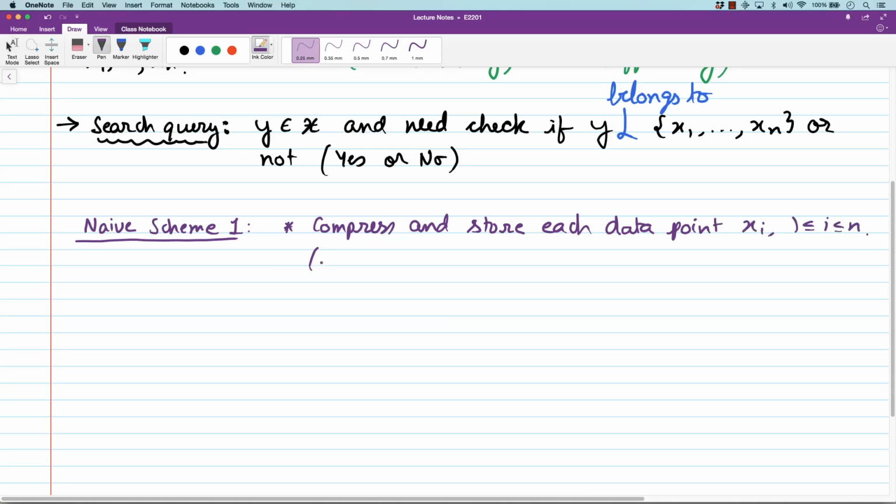So this compress is just using binary representation, so this requires n log cardinality of X bits. Okay. There is no probability assumed on this. So this is the worst case analysis. This problem will only look for the worst case analysis. In fact, the probability version of many of these problems is still open. So we compress and store all the data points.